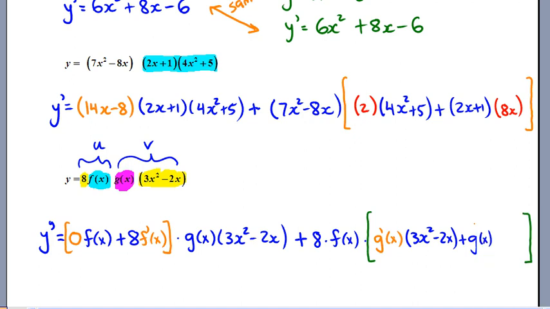That's going to be 6x minus 2, and that's going to be all the room that I've got in here as well. Just breaking it down bit by bit, layer by layer. It's like peeling it off like an onion, trying to slowly get to the very center of this thing. So that's how you do the product rule, including triple products and quadruple products.